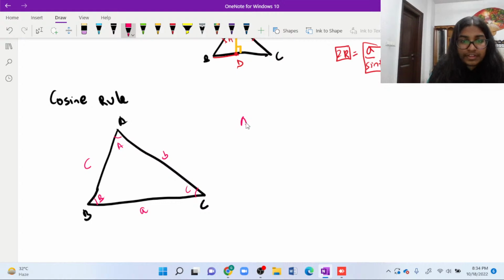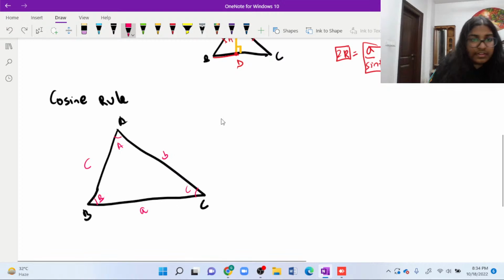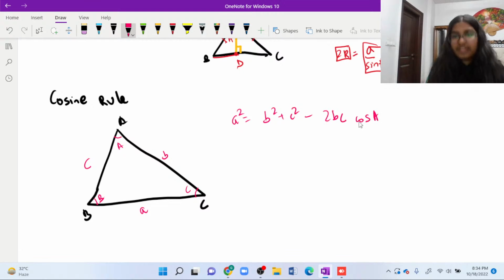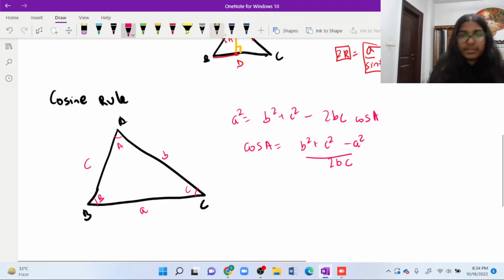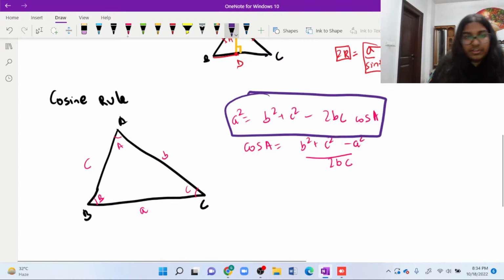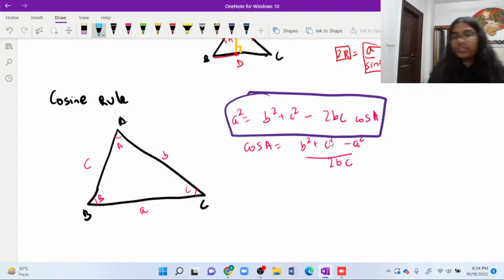So small a square equals b square plus c square minus 2bc cos A. There are different ways to write this. We can also write this as cos A equals b square plus c square minus a square by 2bc. But I prefer this way more because it's just clearer and you don't need to deal with fractions.